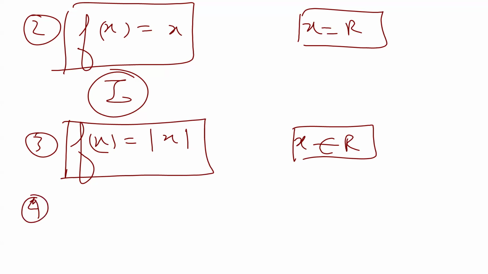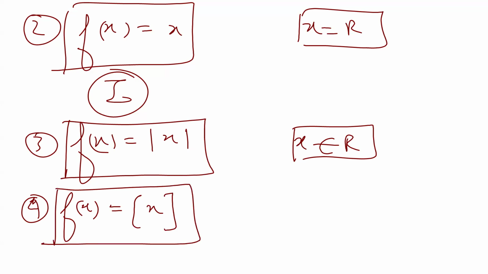Fourth one, f of x is equal to greatest integer function of x. So this is continuous at any real value of x except the set of integers.